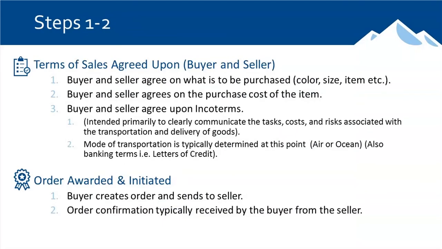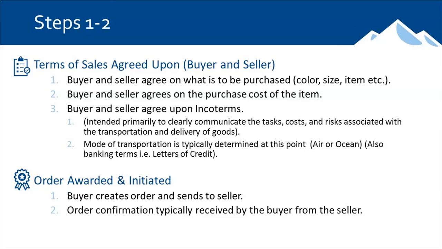And really, it all starts with the terms agreed upon between the buyer and seller. And this specifically, again, is for the importing process into the U.S. Terms are typically agreed on: what item is to be purchased, the color, the size, and so forth. They agree on the cost of the item, and then the buyer and seller agree upon Incoterms, which are international commercial terms.